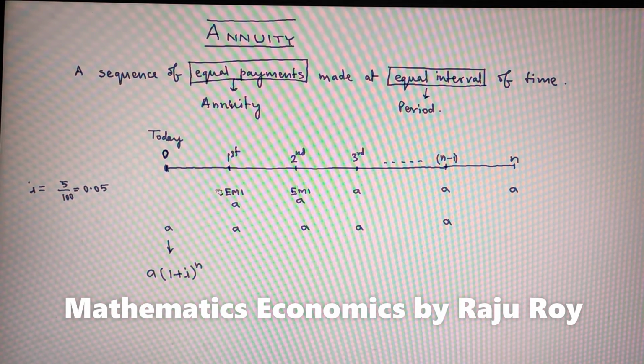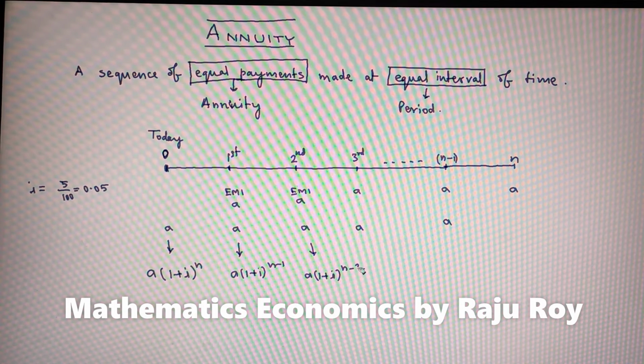This is how it will gain interest for how many years? 1 year, 2 years, 3 years, like that up to the 10th year. When I am here, this is 2 years, so n will become 2. When it is nth, this will gain interest, giving A into 1 plus i raised to the power n minus 1. This will yield an amount with n minus 2.